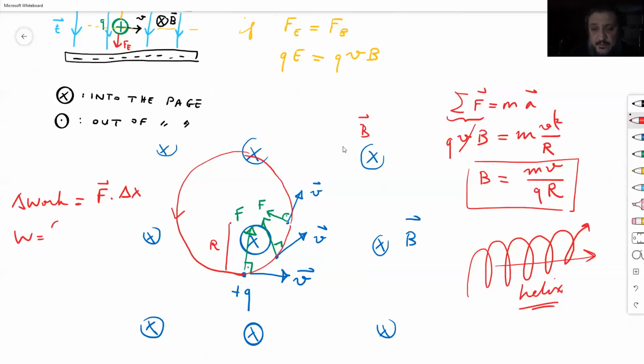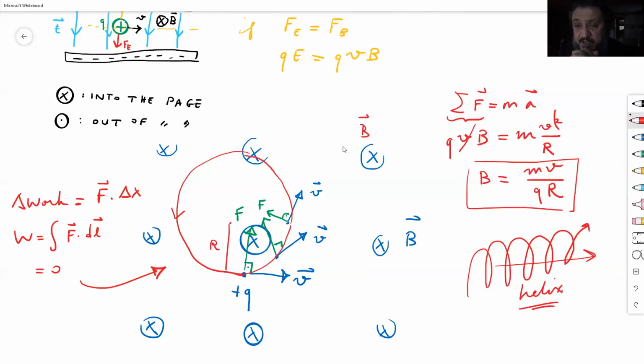So F dot dl from any point to another point. But since force is perpendicular to that dl vector, as in the case of a circular motion, you will get 0, right? Cosine 90 is 0. So this will be 0 in this case. The magnetic field would not do any work.